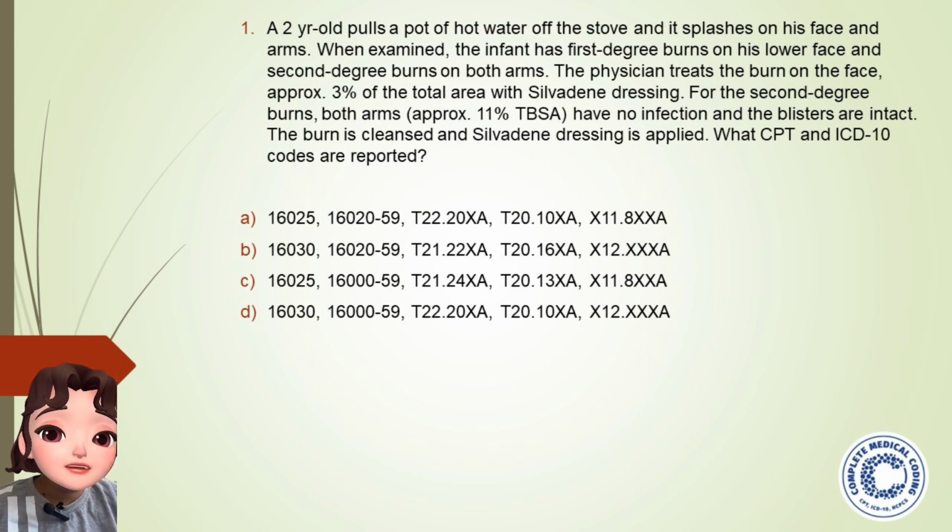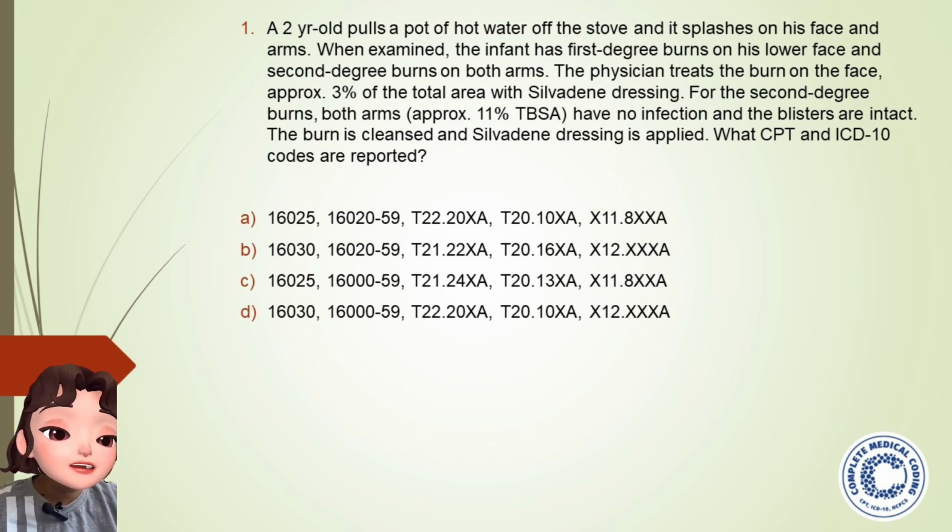Why is this called the initial encounter? Because the physician has done the dressing, and it's mentioned that there is no infection and the blisters are intact. The burn is cleansed and silvadene dressing is applied. So there is no further referral or further complications. Nothing is mentioned in the question.